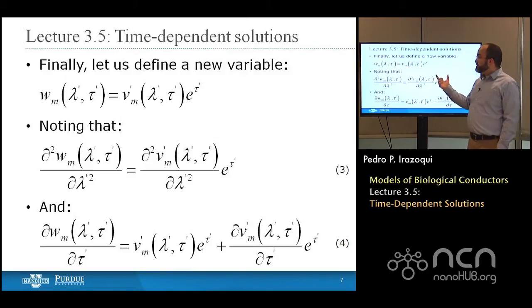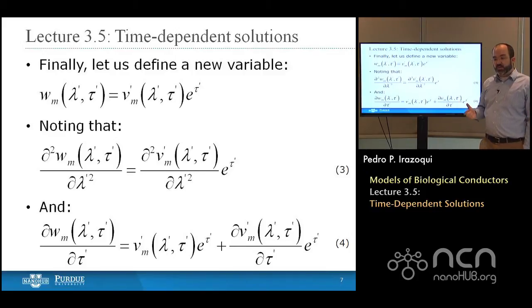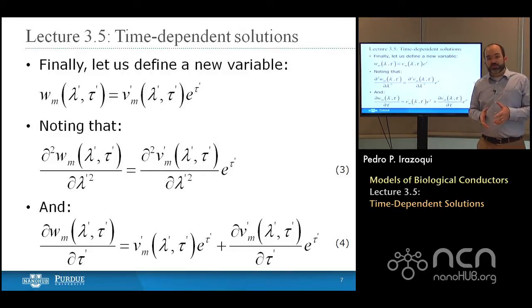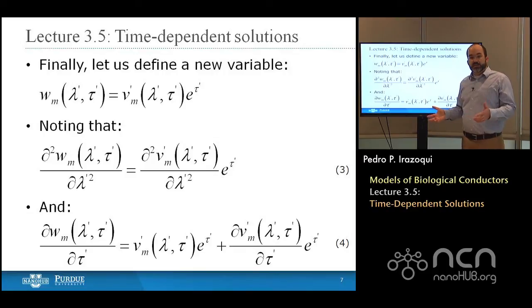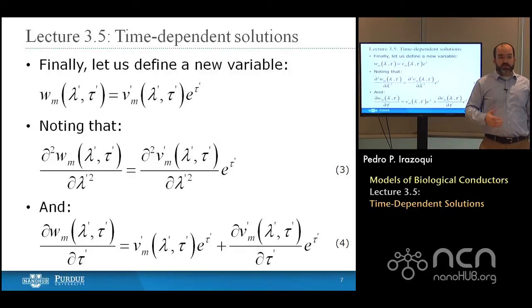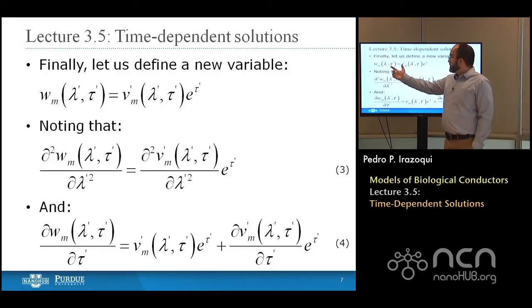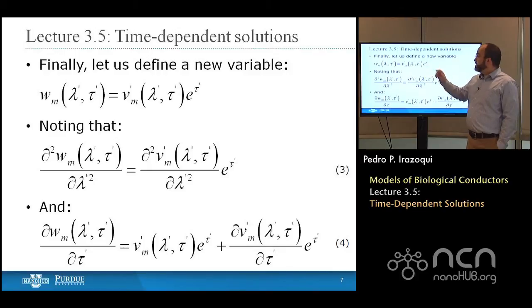And so mathematicians come up with these definitions in order to simplify complex mathematical problems into a form that they recognize because it has already been solved. And then they can apply known solutions to unknown problems and solve them by inspection, which is what we're trying to do here. So for now, bear with me, we're going to define W sub m as Vm prime e to the tau prime.